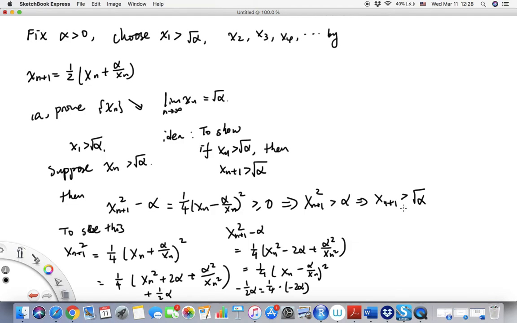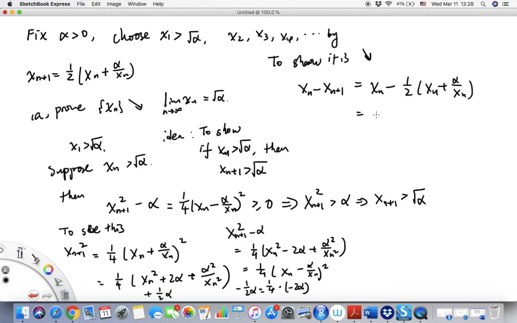Okay, so we showed it's bounded by square root of alpha. So we haven't shown it's monotonically decreasing. So how do we show that part? To show it is decreasing, we take the difference xn minus xn plus 1. So you just use the definition of xn plus 1, right? So this is xn minus 1/2 xn plus alpha over xn.